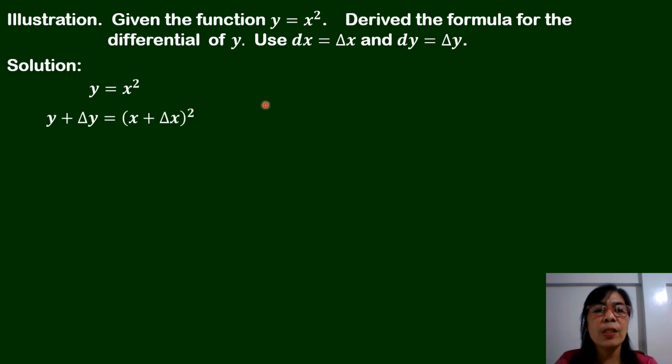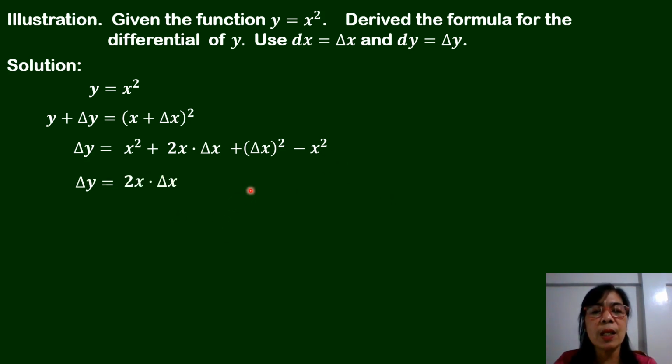So we have y plus delta y is equal to the quantity x plus delta x squared. Solving for delta y, we just transpose y to the right. That will give us a square of a binomial: x squared plus 2x delta x plus the square of delta x minus y, whose value is equal to x squared. Combining similar terms, x squared minus x squared cancels out. So we have delta y is equal to 2x times delta x plus the square of delta x.